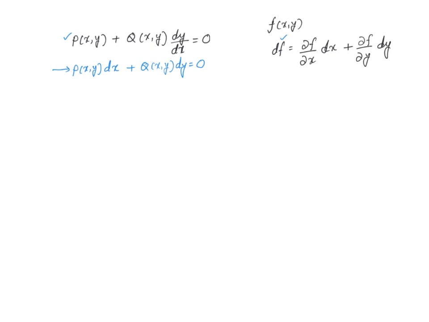So if you have some function f of x,y, the total differential df is equal to del f over del x times dx plus del f over del y times dy. This is the official definition of total differential for a function of two variables.